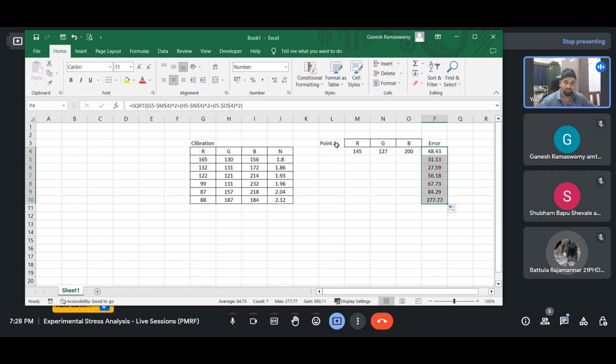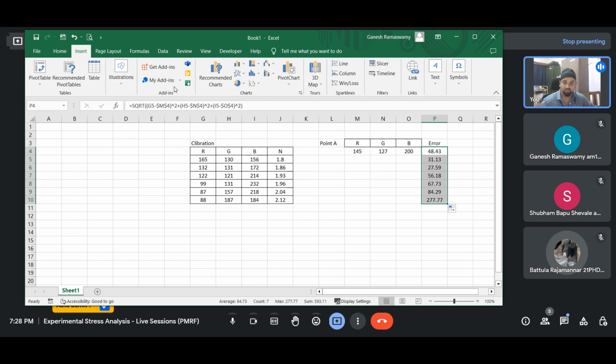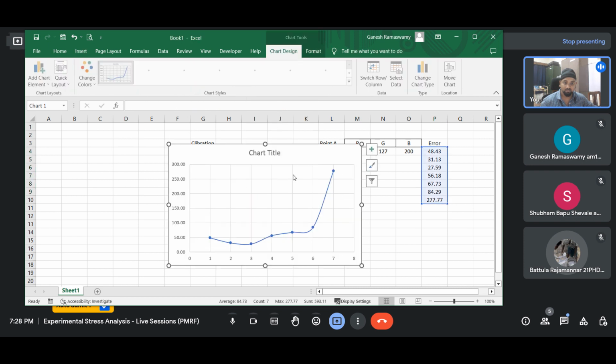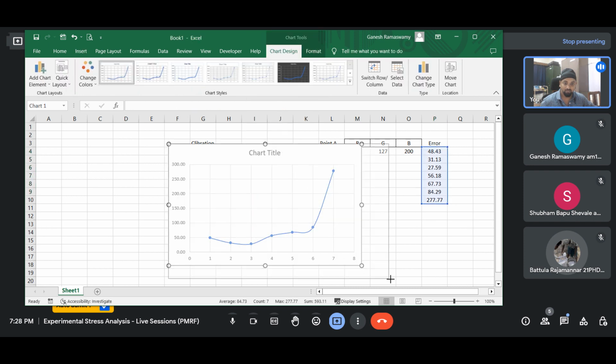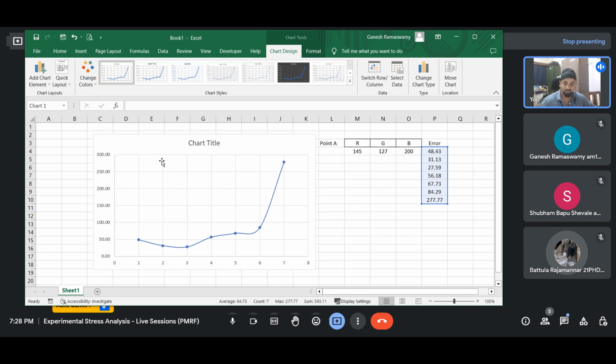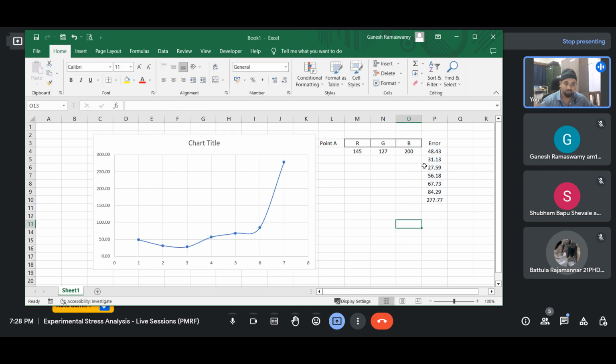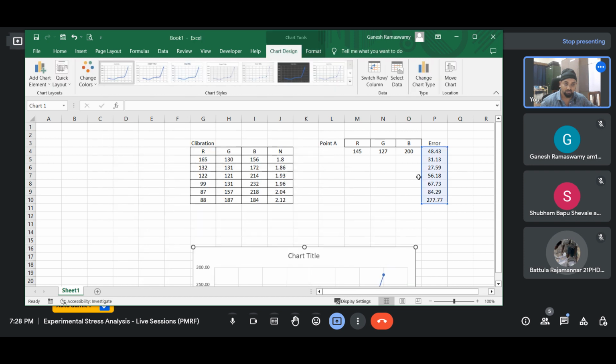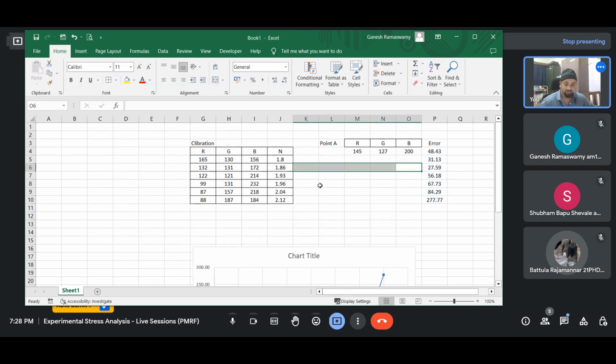Now I can see if I were to plot this, the plot is something of this sort. So the minimum error goes to 27. The third point, if I see, it goes to 27, which implies third point is 1.93.